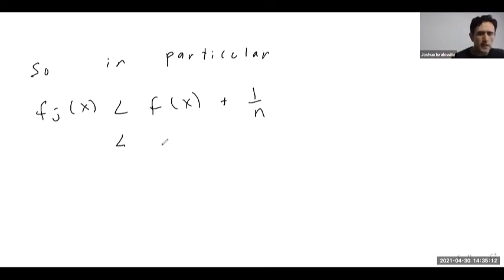This is less than c minus 2 over n plus 1 over n, and that equals c minus 1 over n for small enough n.